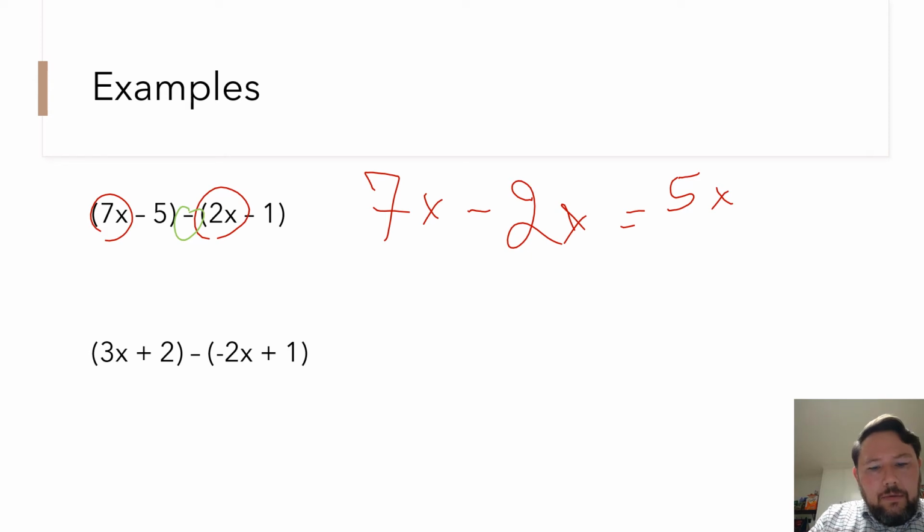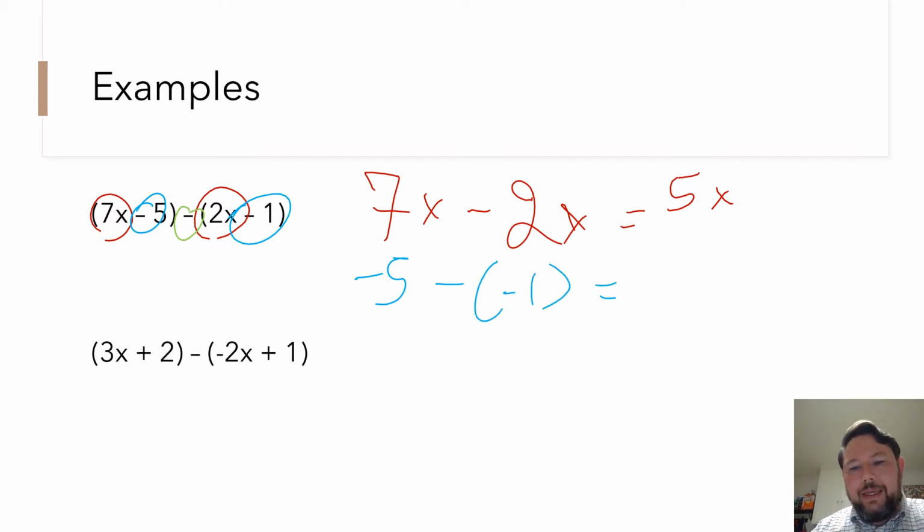And then we have our second set. Use blue for this one. We have a negative 5 minus a negative 1. Remember, negative 5 minus negative 1, these 2 negative signs here, when we minus a negative number, we actually end up adding it.